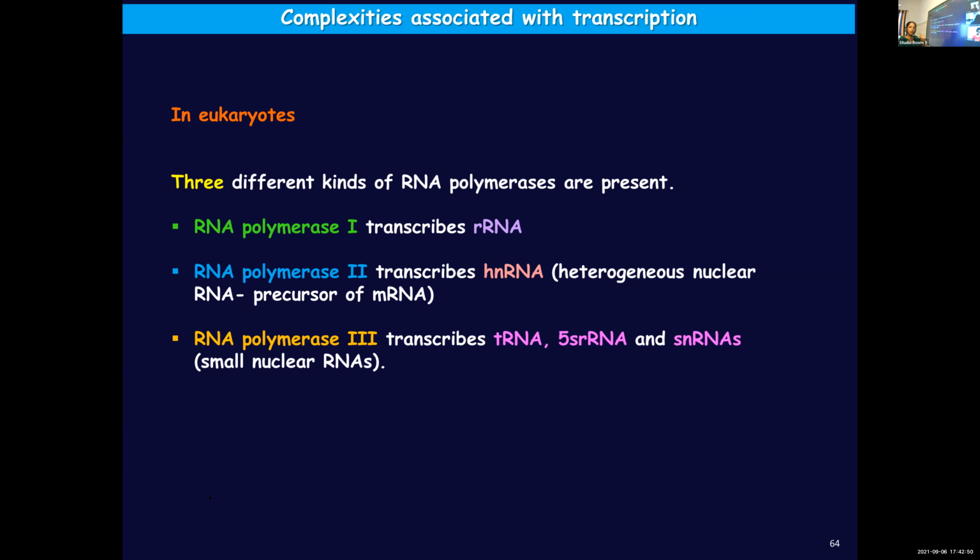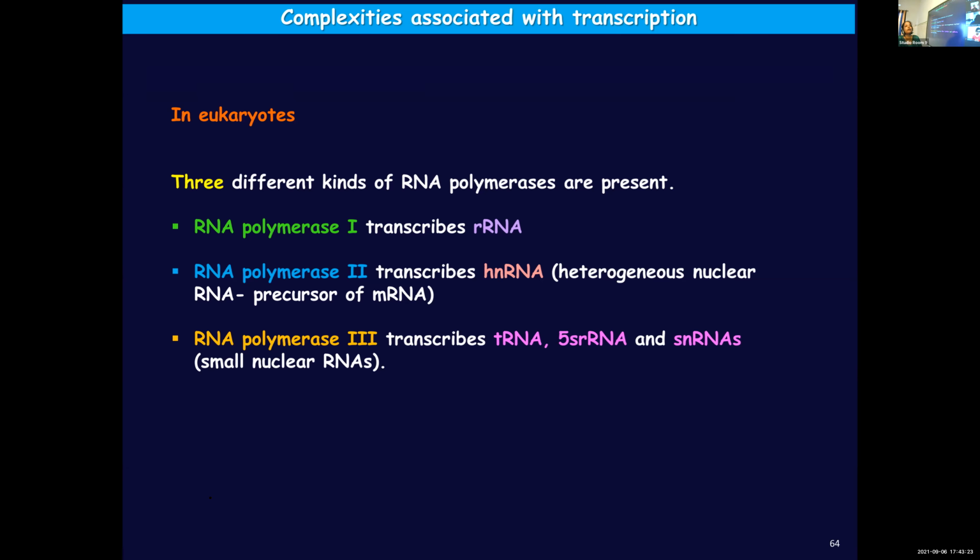Once again, in prokaryotes, there is just one RNA polymerase enzyme, but in eukaryotes, 3 types are there: RNA polymerase 1, 2, and 3. Each one has a specific function. RNA polymerase 1 transcribes ribosomal RNA, whereas RNA polymerase 2 carries out the transcription of hnRNA. What is its significance?